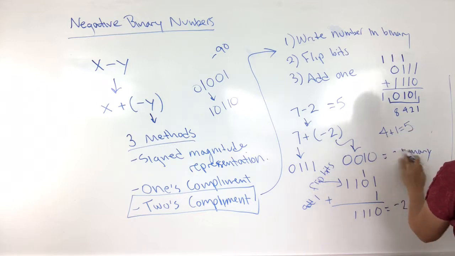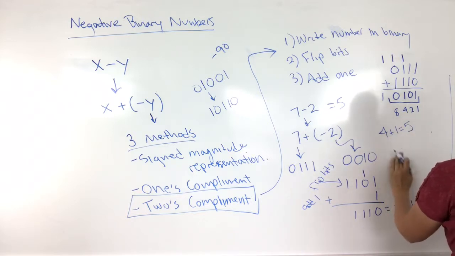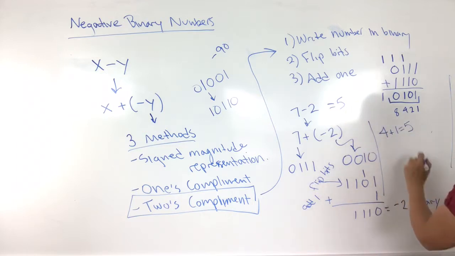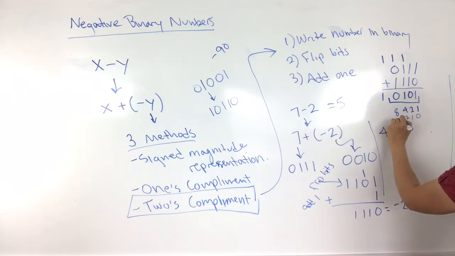I can also write this out in a little more detail. So this would be the 0 spot, 1, 2, 3.